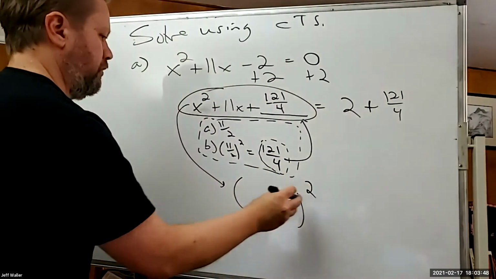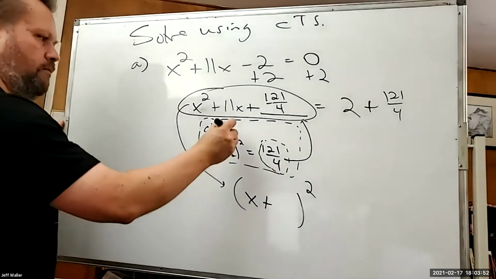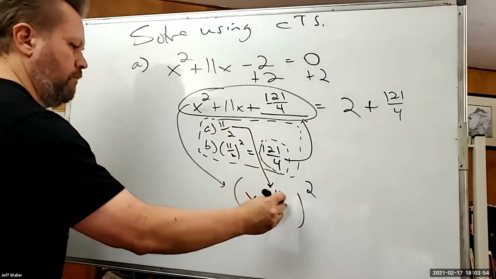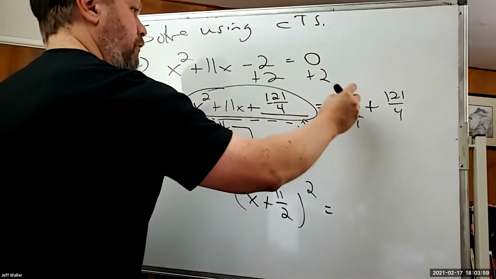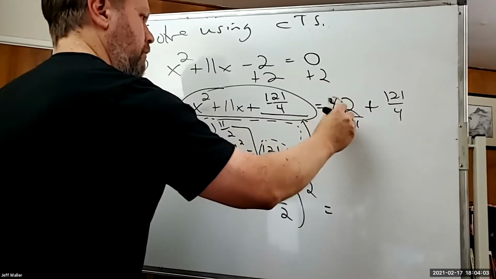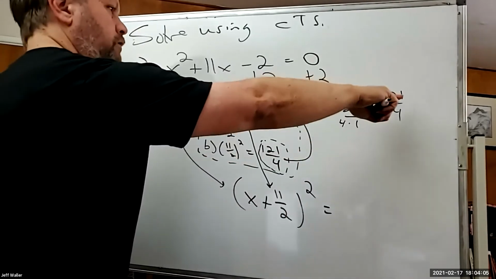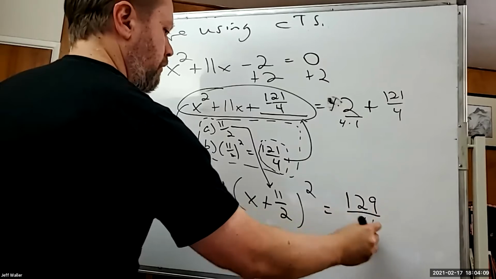I don't have any work to do on this factor. To combine the fractions, I'm going to make this 4 over 4, so 8 over 4. There you go, Clay. So 8 over 4 plus 121 over 4 is 129 over 4.